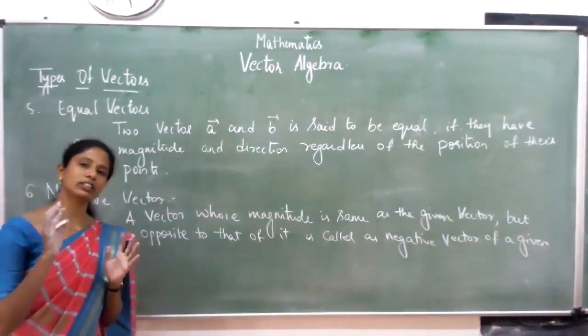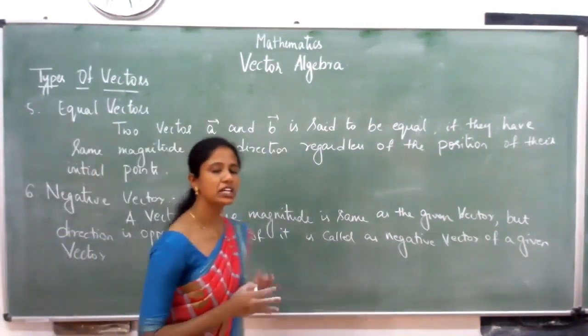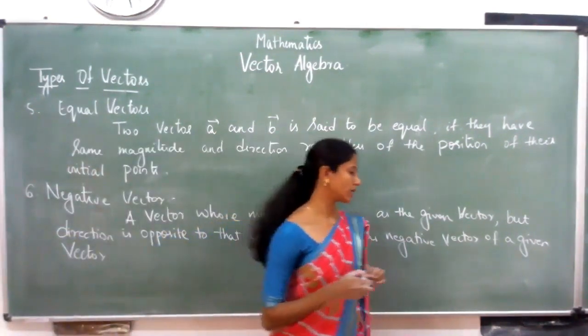So the vector which has the same magnitude but opposite direction is called a negative vector.